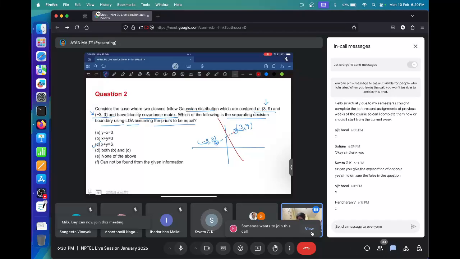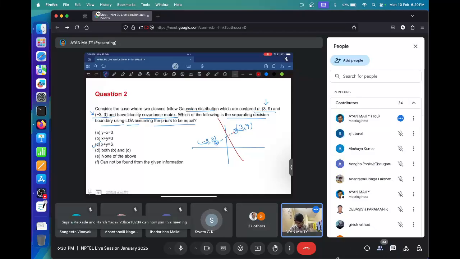So here this red line represents the perpendicular bisector of the line segment joining the two centroids 3,9 and minus 3,3.